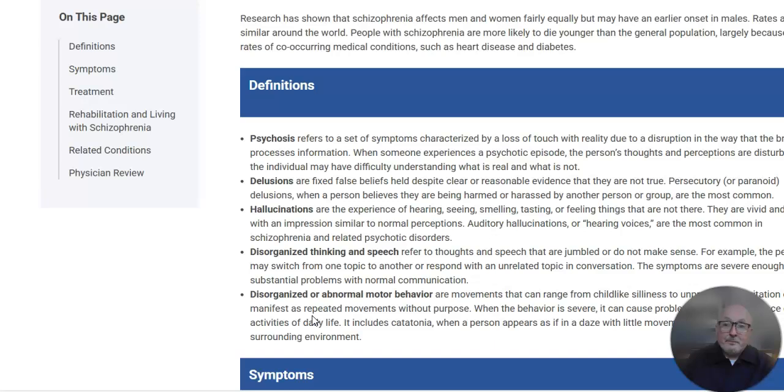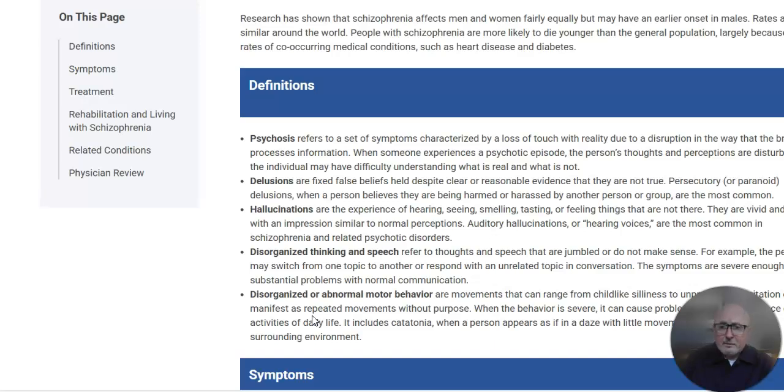So, for example, if someone's thoughts are very, very disorganized, which is one of the common themes of schizophrenia, well, you would think then that their speech is going to be very disorganized too, and that does occur, though not in all people with a diagnosis of schizophrenia.